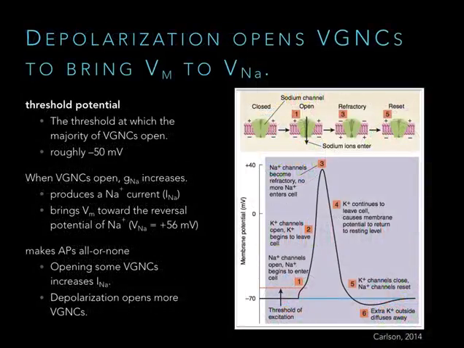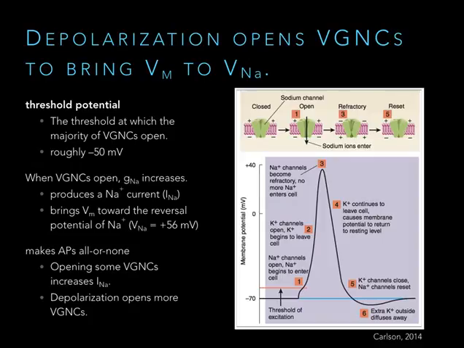Okay, so the threshold potential is that potential at which we tend to find voltage-gated sodium channels open. So when the cell has been sufficiently depolarized to reach threshold potential, then that 4th transmembrane domain moves and pulls open the ion channel.